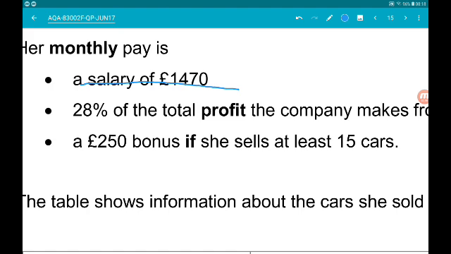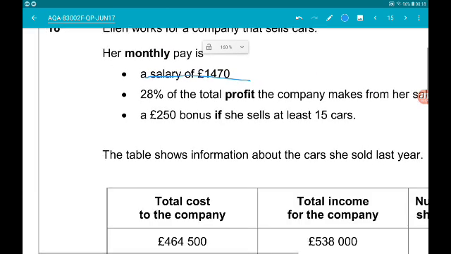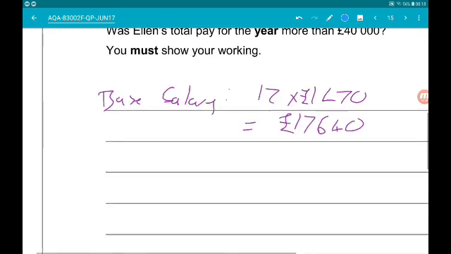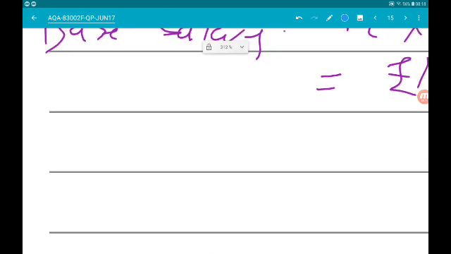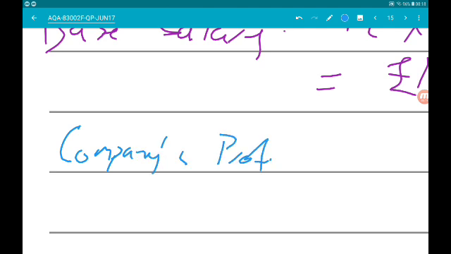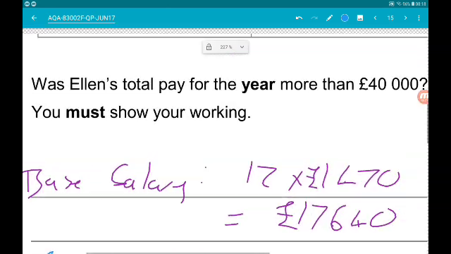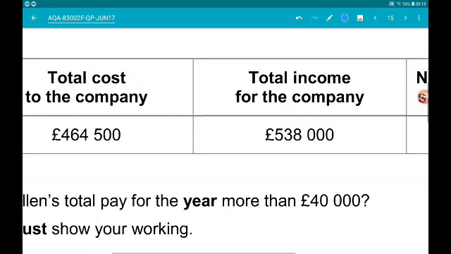Next, she gets 28% of the total profit that the company makes from her sales. So, the company's profit again is income minus cost.